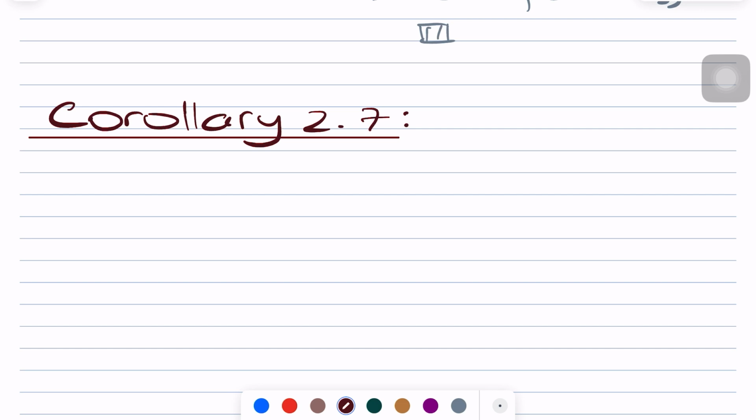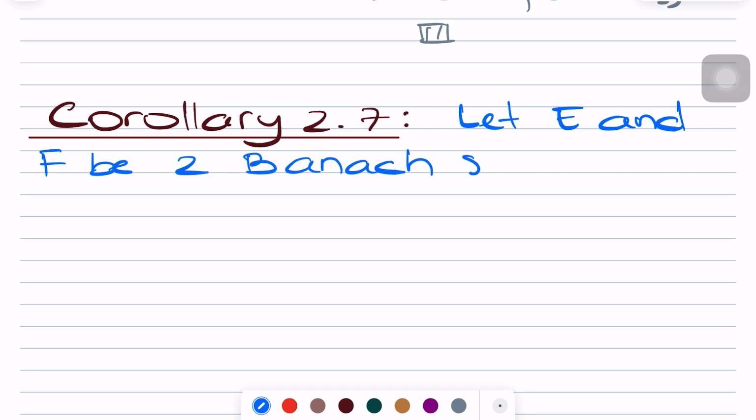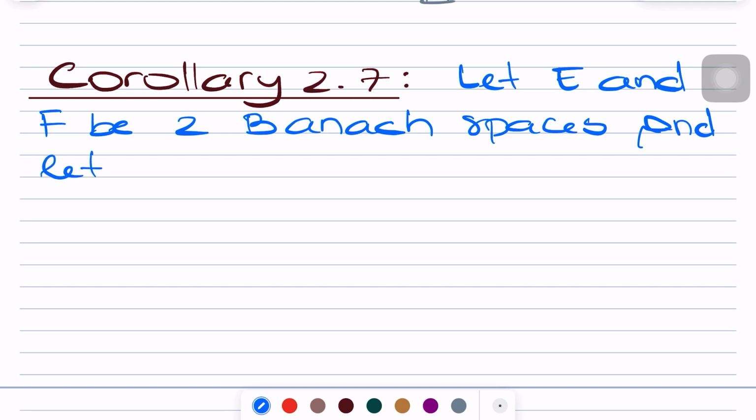Let E and F be two Banach spaces, and let T be a linear bounded operator from E to F that is bijective.